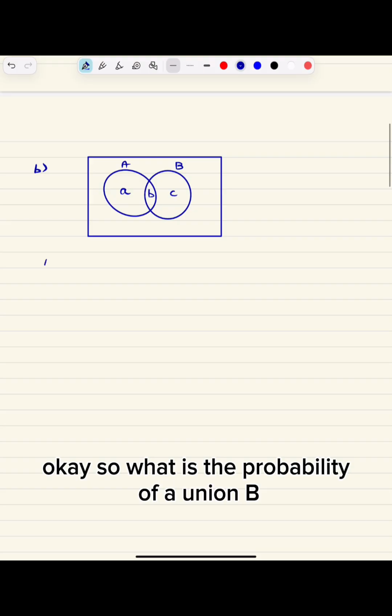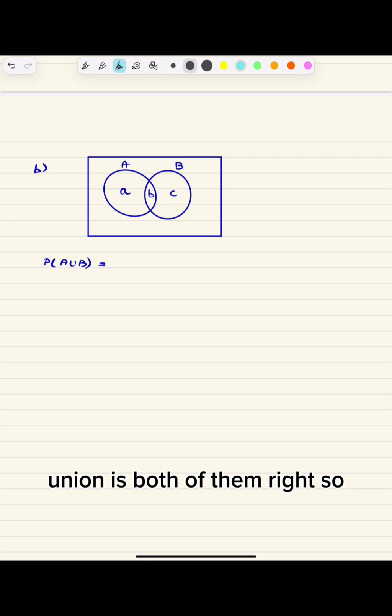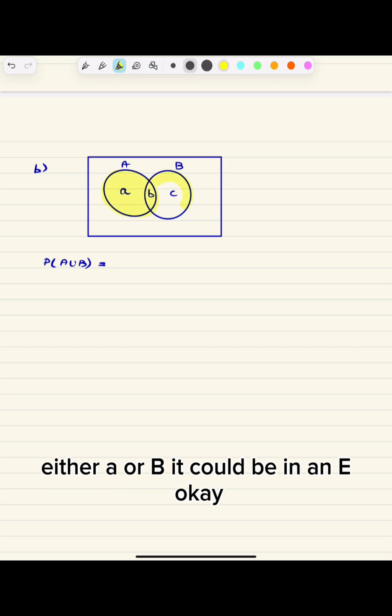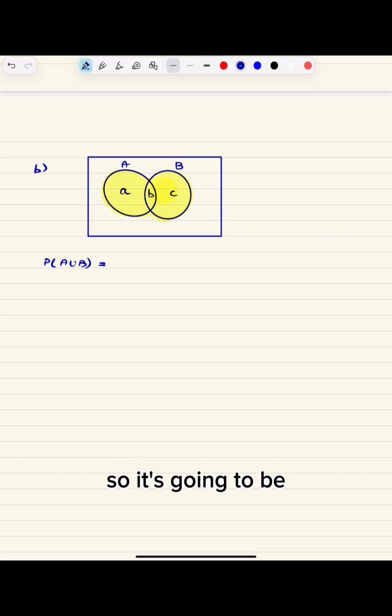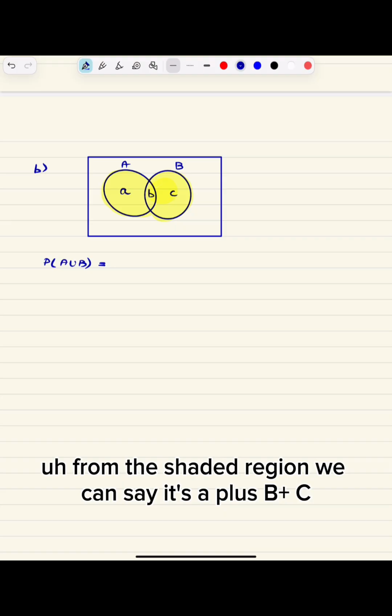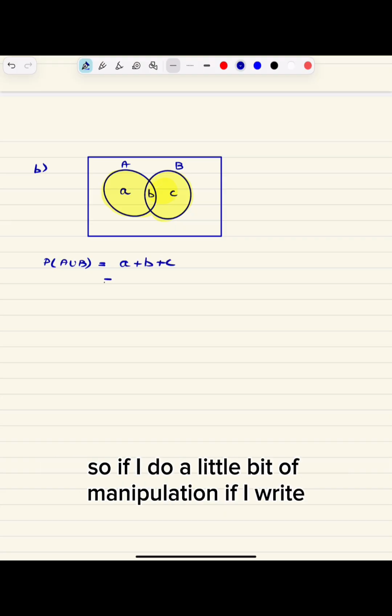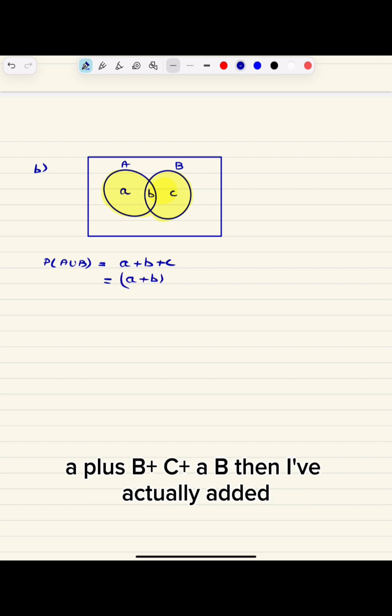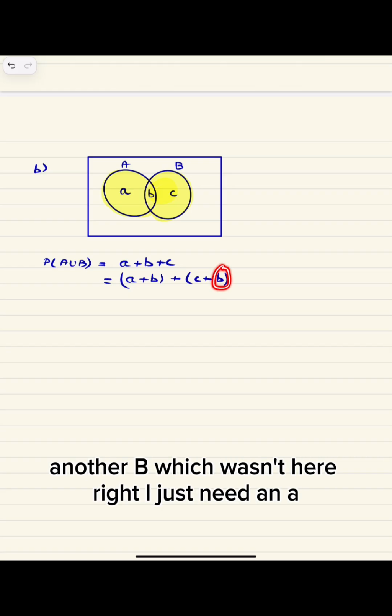So what is the probability of A union B? Union is both of them, right? Either A or B, it could be in any. From the shaded region, we can say it's A plus B plus C. If I do a little bit of manipulation and write A plus B plus C plus B, then I've actually added another B which wasn't there, right?